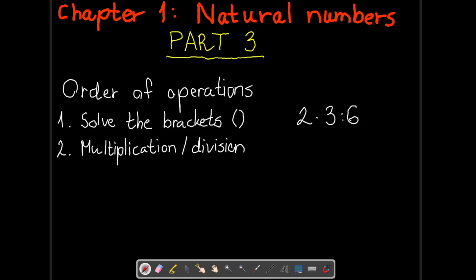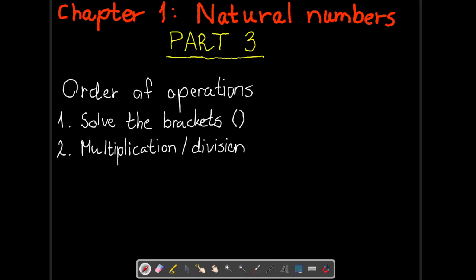We can divide 3 by 6 first and then multiply that by 2, which gives us 1. Or we can multiply 2 and 3 first and then divide that by 6, which gives us the answer 1 once again.